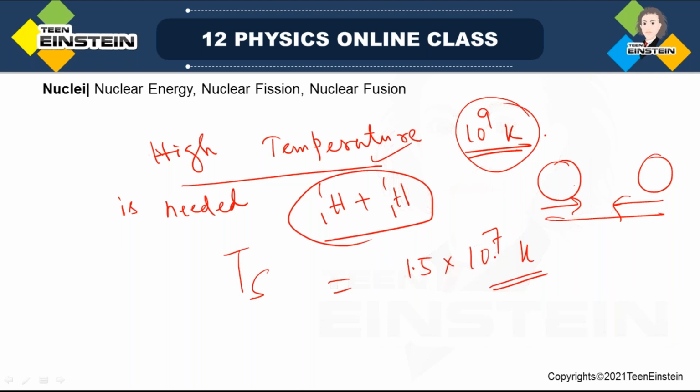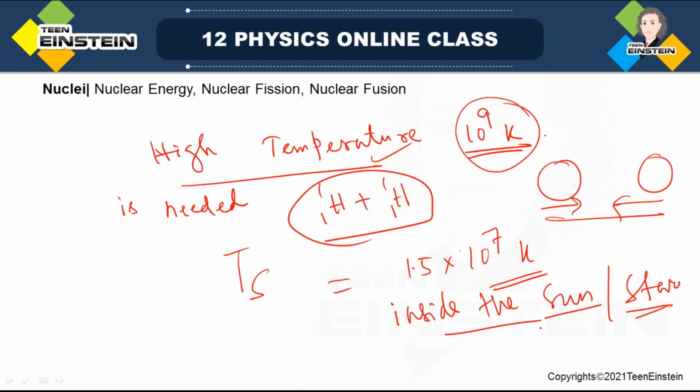And this suitable condition is achieved inside the star and sun itself. That's why in any laboratory fusion reaction cannot be done safely. Rather, nuclear fusion reactions happen inside the stars and sun.